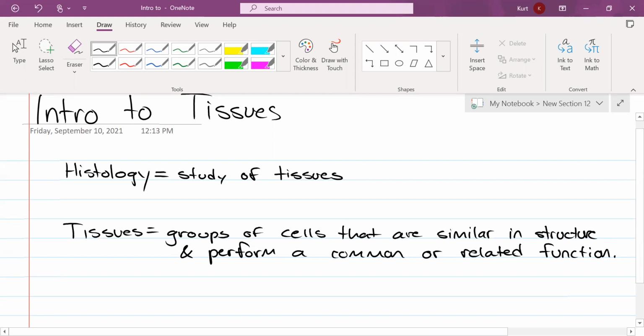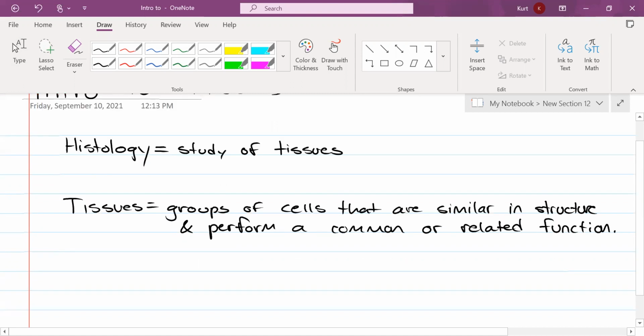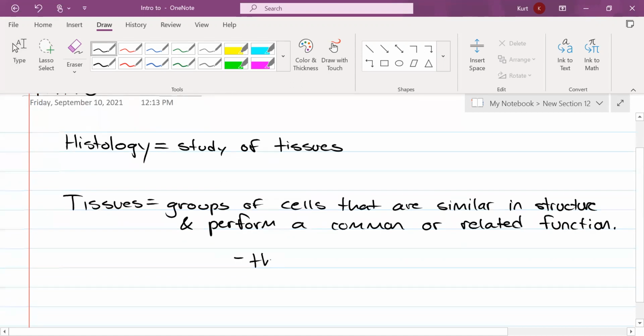You can't just have any cell. You have to have similar cells. And when you have a row of cells that are all the same type working together, that's considered a layer of tissue. Tissue is known as the fabric of the body.